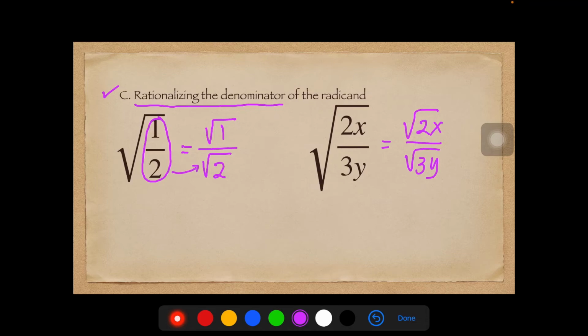But that is not the end of simplifying it, because any radicand in the denominator is not yet in the simplest form. So we should still simplify further an expression when there is still a radical at the denominator.